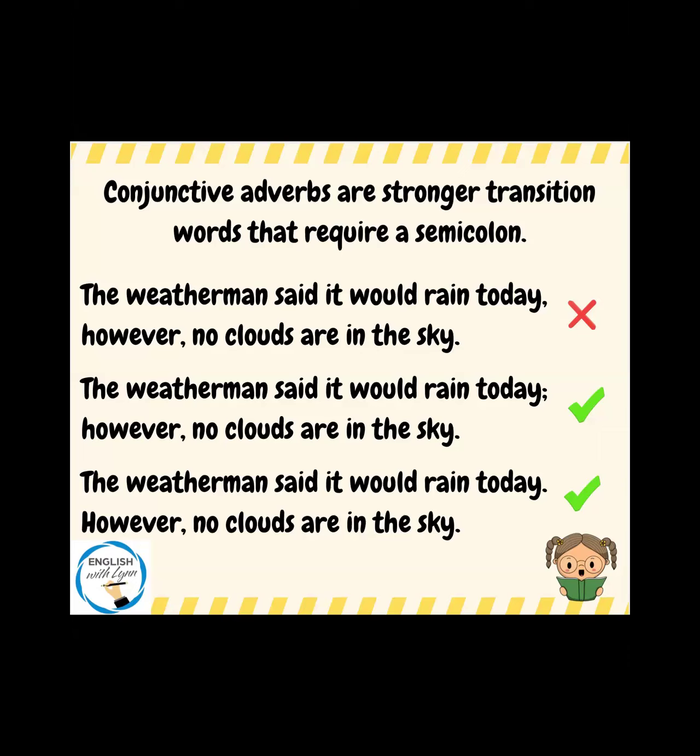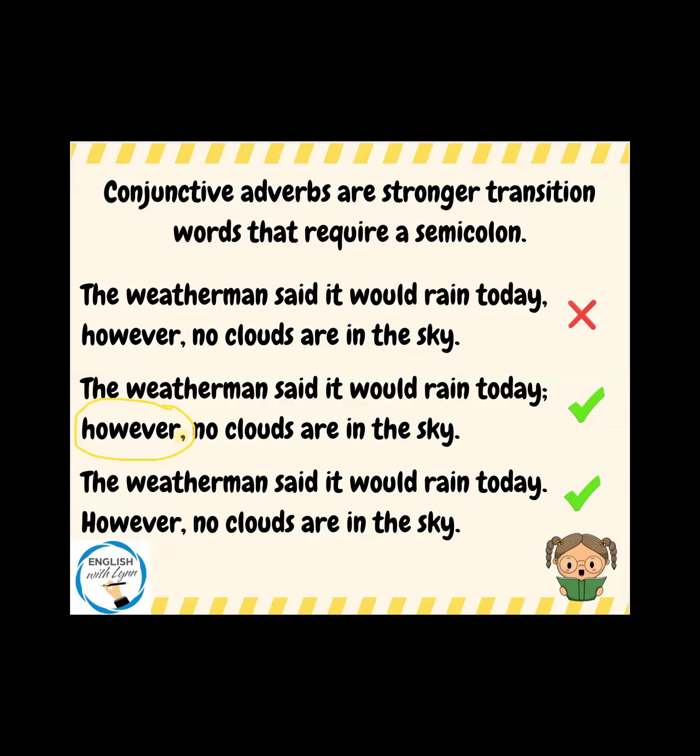Now, because both of these ideas are linked, you could use a semicolon, because you're linking ideas that are closely related. So, the weatherman said it would rain today; however, no clouds are in the sky. Now, notice after the conjunctive adverb, after the however, there is a comma there. And whenever you have your conjunctive adverb, you always have the comma after it.